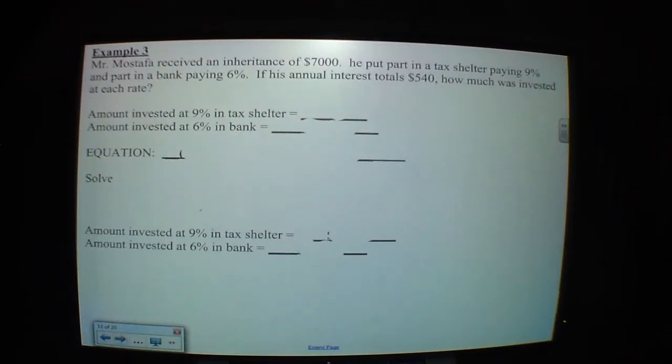Mr. Mustafa received an inheritance of $7,000. He put part in a tax shelter paying 9% and part in the bank paying 6%. If his annual interest totals $540, how much was invested at each rate? So the amount invested at the 9% in the tax shelter, so when you read it, he put in part in the tax shelter.